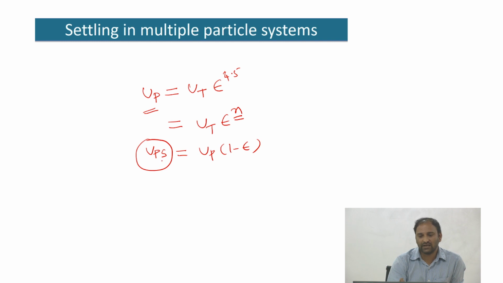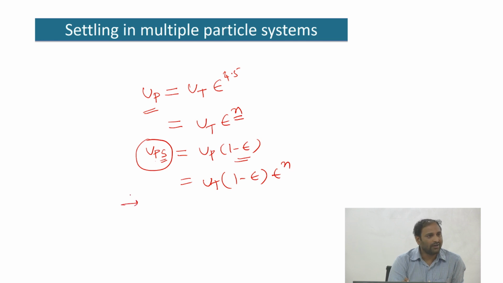I'm basically going back to the superficial concept: if you want the superficial settling velocity, UPS should go as UP into 1 minus epsilon. Therefore, I can write this as UT into 1 minus epsilon times epsilon to the power of n.